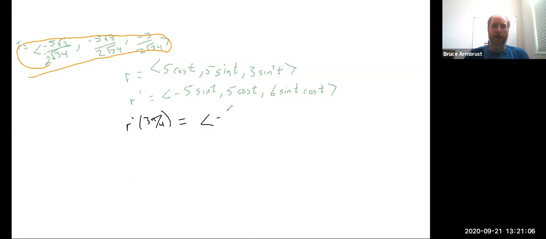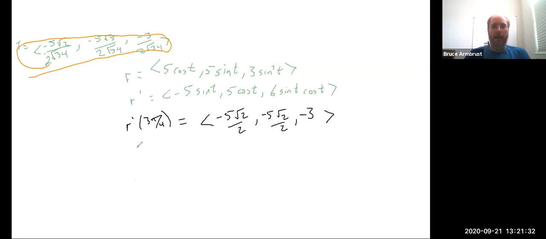So I get minus 5 root 2 over 2, minus 5 root 2 over 2, and this one ends up being 3, minus 3. So this is the derivative vector at this point, which means this vector is pointing in the direction of big T. We just have to normalize it.